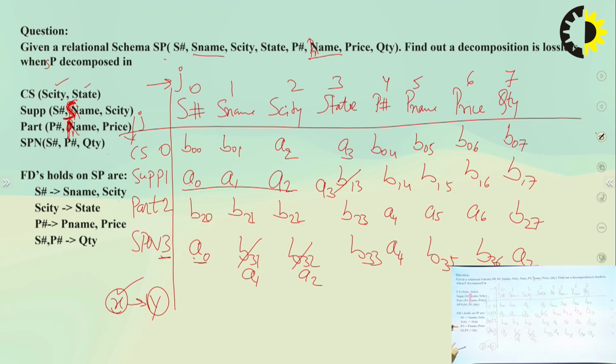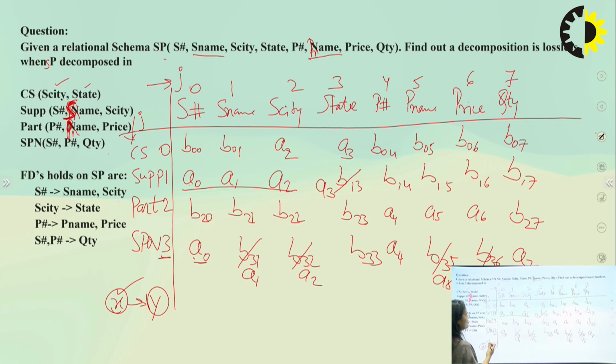We'll check this functional dependency: P hash, P name, price here. So if we are having A4, we can determine A5, A6. Here also we are having A4, so we can determine A5, A6. Right. Okay. So again, we have checked all the functional dependencies.